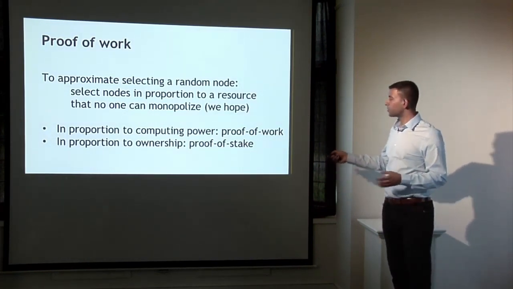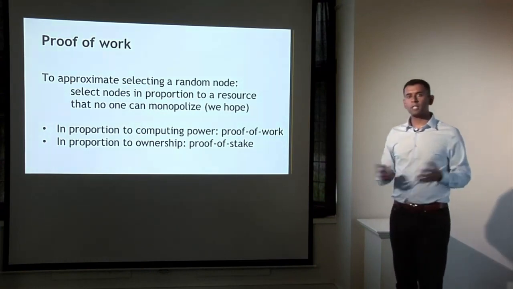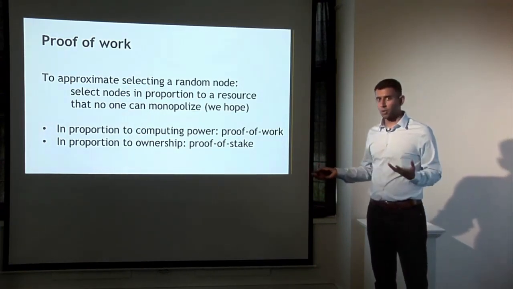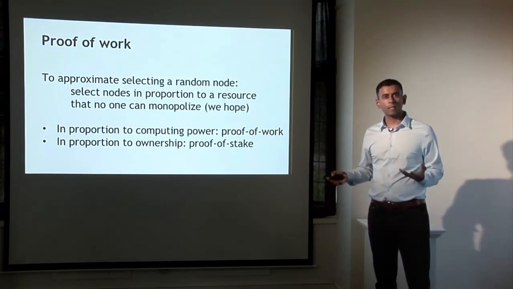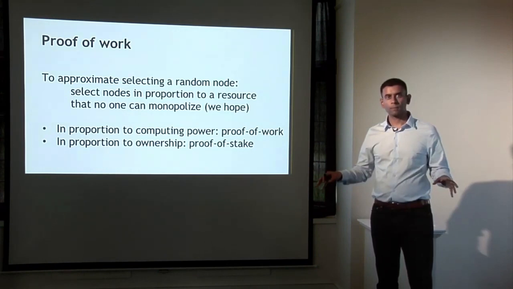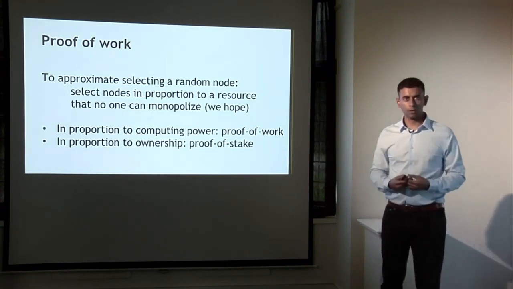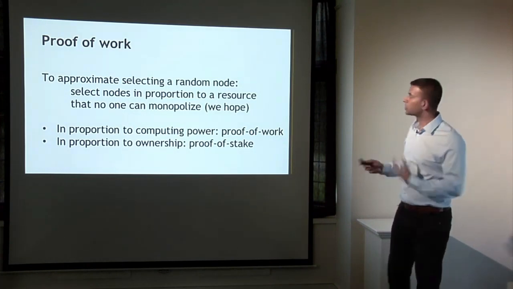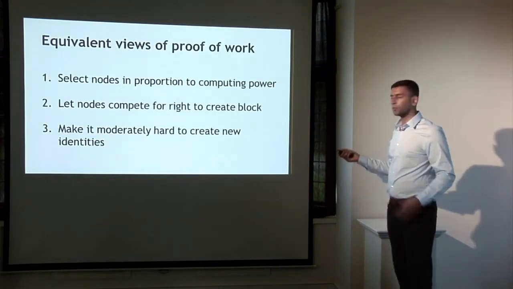But let's come back to proof of work. Let's try to get a better idea of what this means. Selecting nodes in proportion to their computing power, another way to understand this is that we're allowing nodes to compete with each other by using their computing power. And that will result in nodes automatically being picked in that proportion. So those are two equivalent ways to view proof of work.